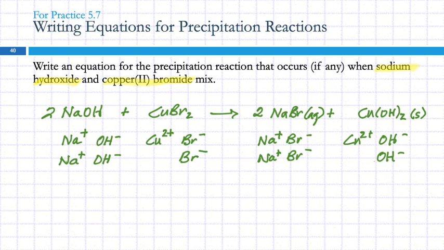That's all good. 2 bromides here, and 2 bromides over there. And ideally, we should put state symbols on these guys. Those are aqueous because those are the solutions that we're mixing together. Any questions?